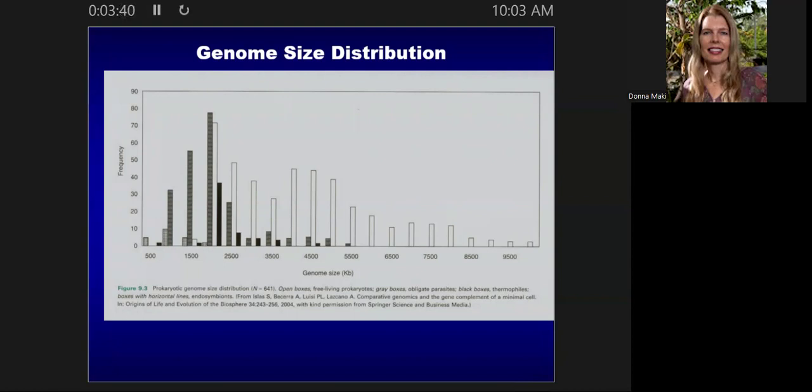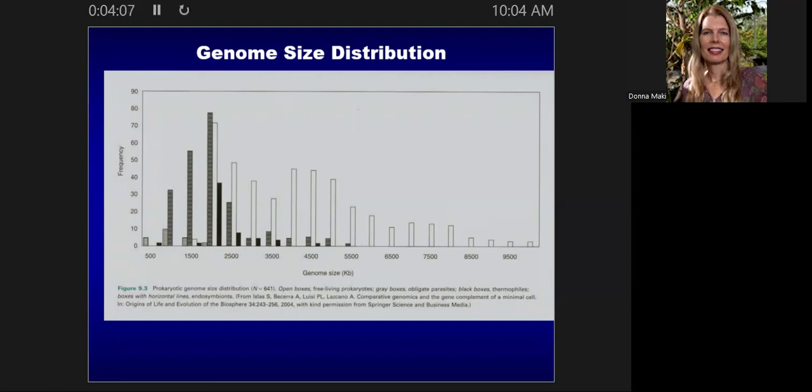And then on the y-axis is the number or the frequency of those isolates showing up with those different genome sizes. The open boxes, the clear boxes, are free living. And gray boxes are the obligate parasites. No, sorry. Open boxes, free living. Gray boxes, obligate parasites. Black boxes, thermophiles.